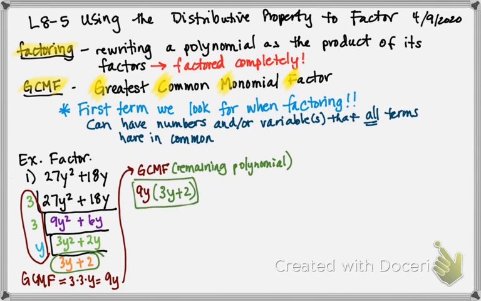So I'm going to write out what I had said before. The lowest exponent on a common variable is the greatest common exponent.